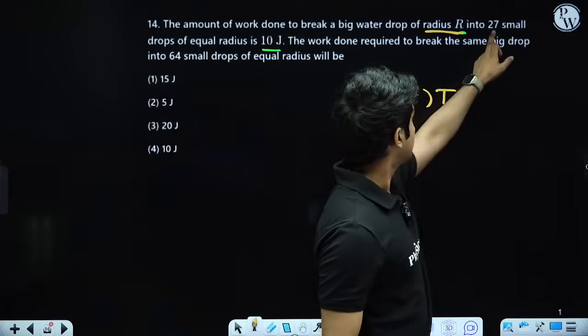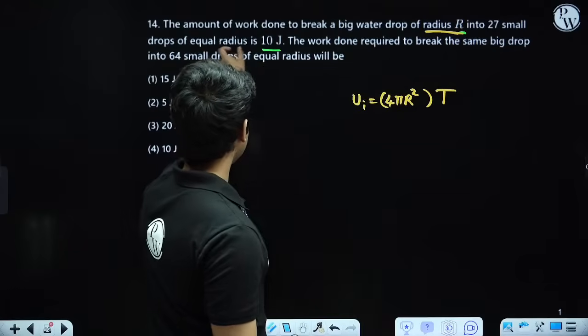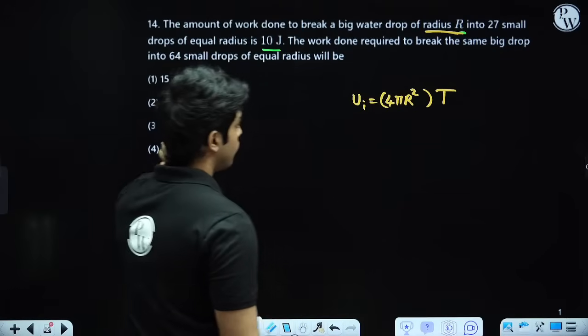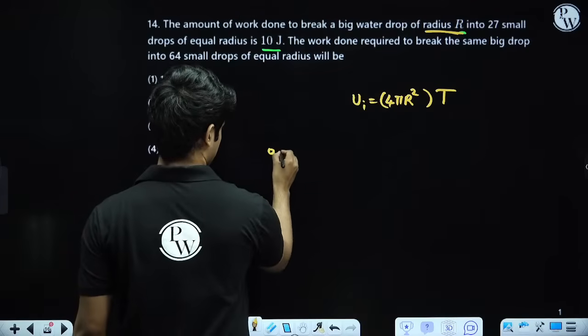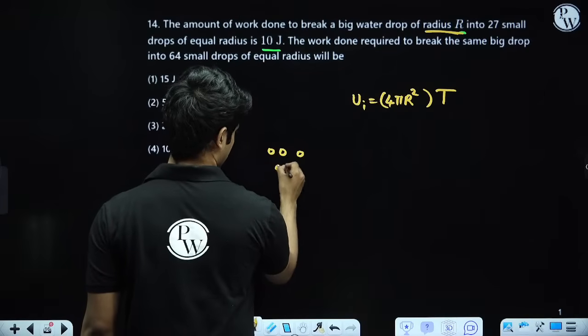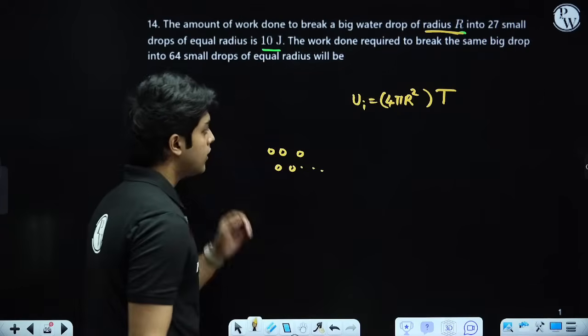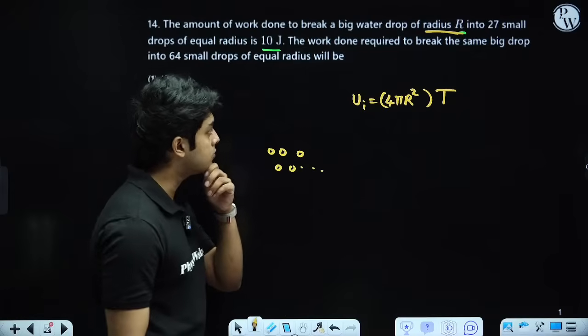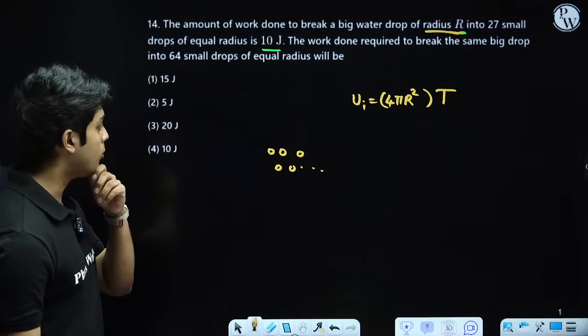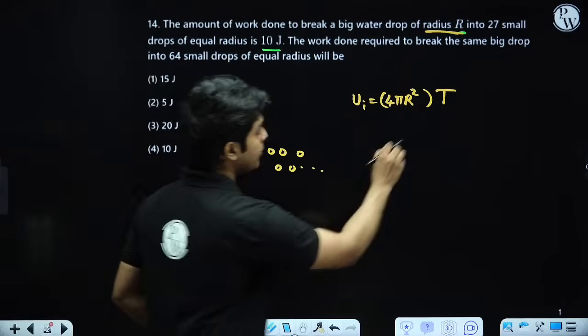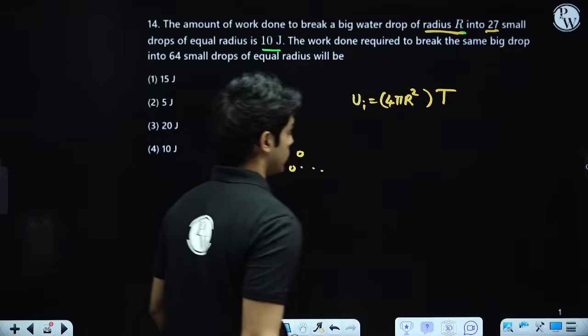Finally we break it into 27 small drops of equal radius. So we break that R radius sphere into 27 tiny drops, right? We'll use volume conservation to find the radius of the small drop.